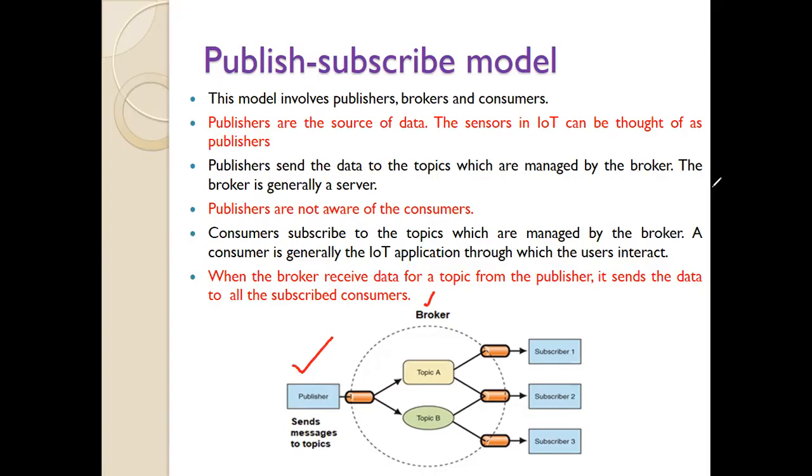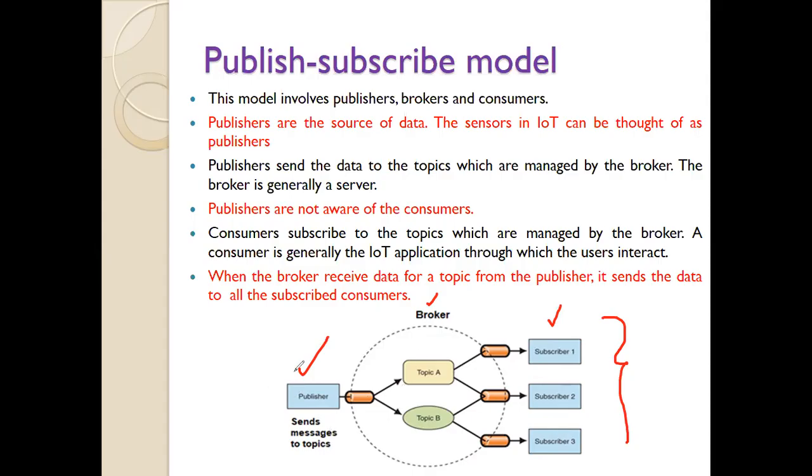And when the broker receives data for a topic from a publisher, it sends the data to all the subscribed consumers. This can be easily understood by this diagram. Here you can see this is the publisher, this is the broker, and this is the set of subscribers. The publisher publishes the information, sends the message to these topics, this broker, and all these subscribers have subscribed to this broker.